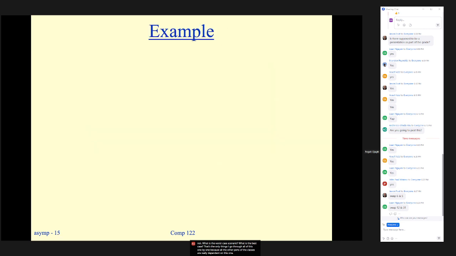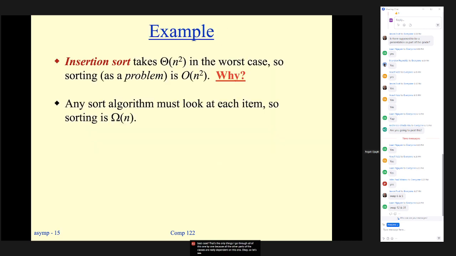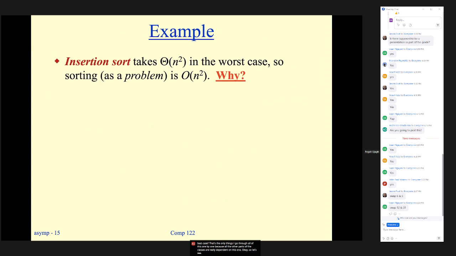Okay, so let's see. For example, there are so many sorts, and I'm going to teach them in the class too. We have insertion sort. It is going to be big theta of n squared in the worst case scenario. Why?